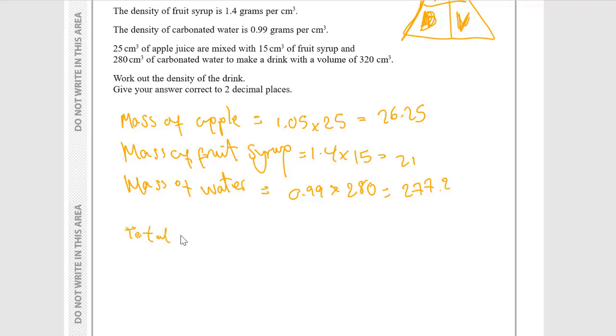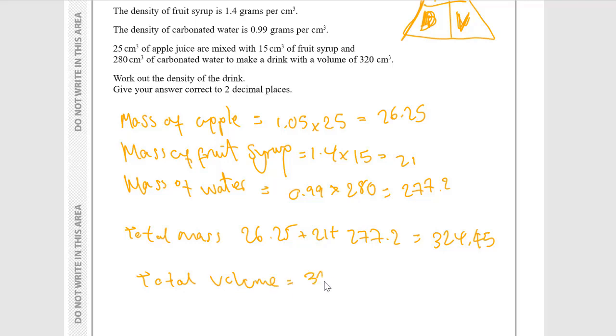So total mass is going to be 26.25 plus 21 plus 277.2, which is going to equate to 324.45. And then the total volume is 320. We know that because it's told there.